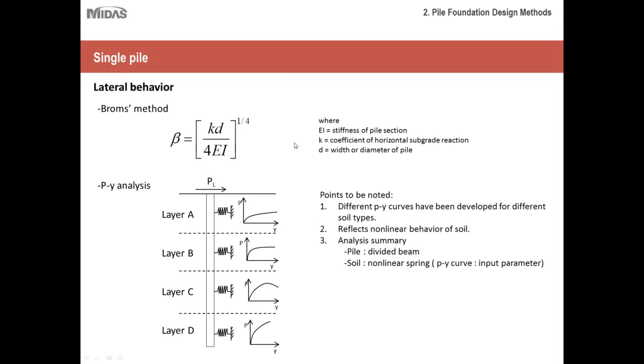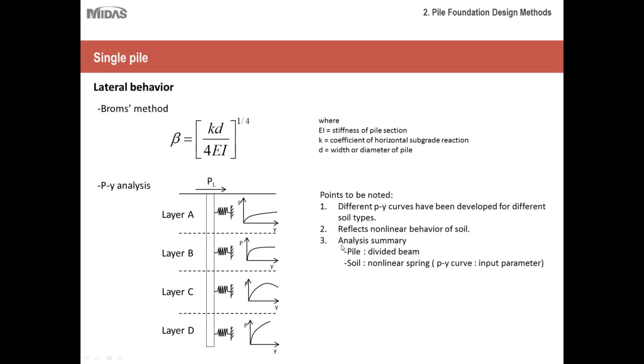But the most popular method, and I'm sure everyone must be knowing this method, is called p-y analysis. And certain points to be noted about p-y analysis: we have different types of p-y curves for each and every layer. And in order to do the analysis, we want to simulate the behavior of this soil layer using a non-linear spring.